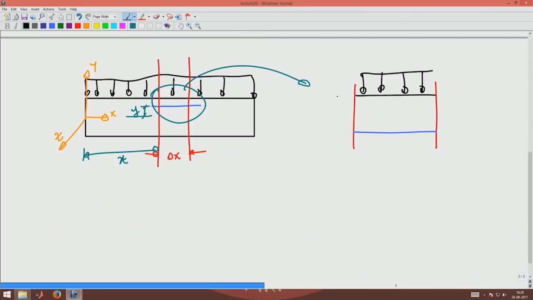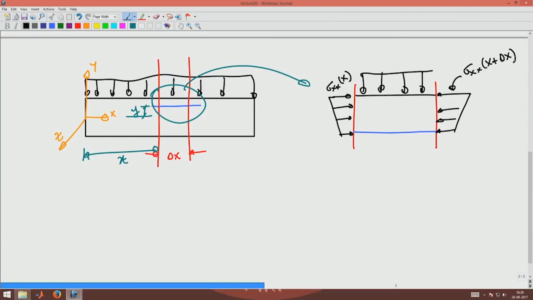So, let us assume that this is sigma xx at x. Okay. And similarly, there will be some compressive stresses acting on this face, which is sigma xx at x plus delta x.